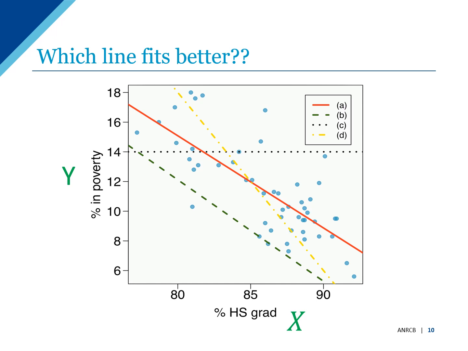Each line here, of the different colors and line styles, represents a line we can draw through a cloud of points, representing the proportion of high school or secondary school graduates in each state or geographic region on the x-axis, and the percent of the population living in poverty in each state or geographic region on the y-axis. Which line looks to you like it best fits the many points on the plot?